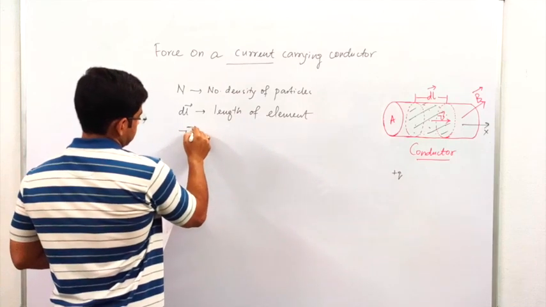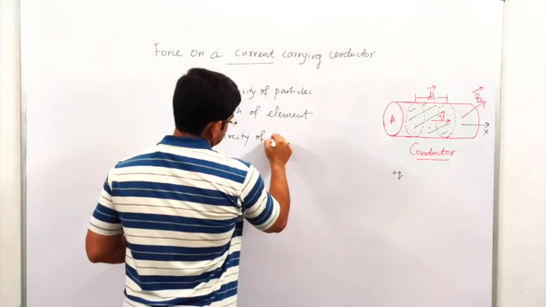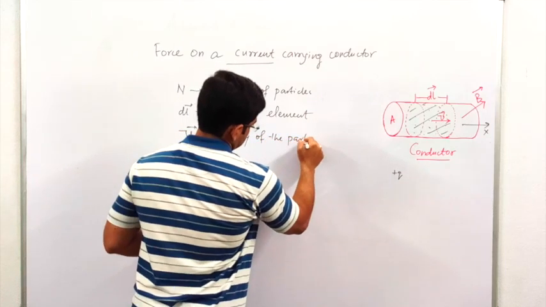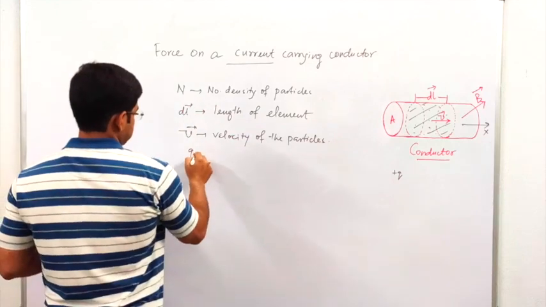V is the velocity of the particles. Q is the charge of the particles.